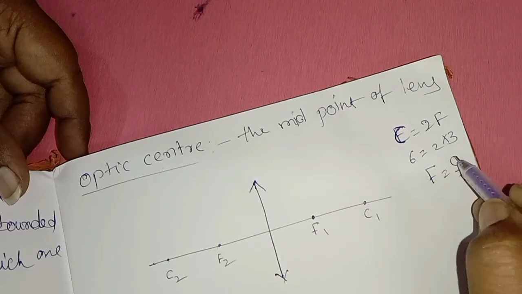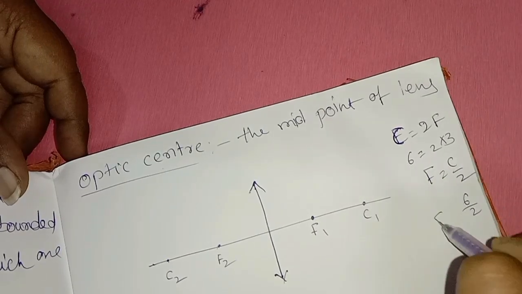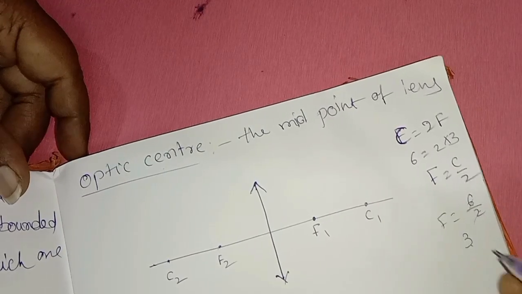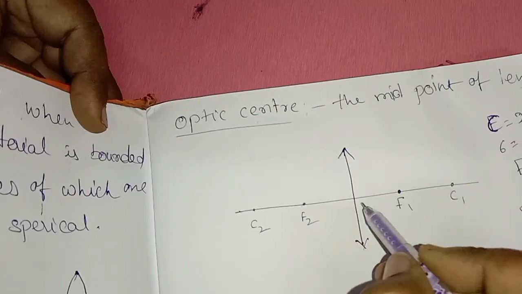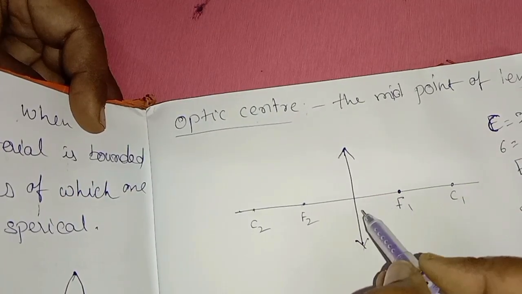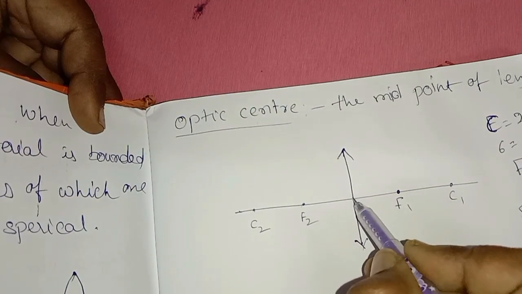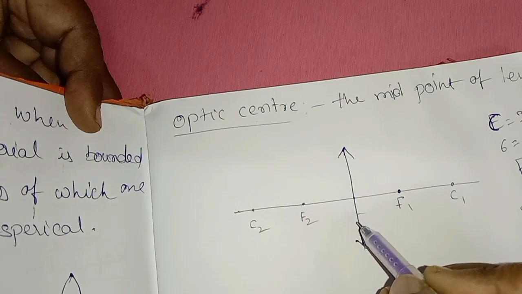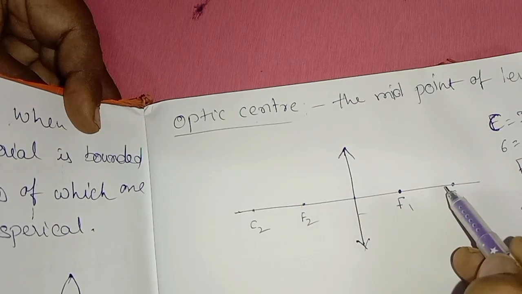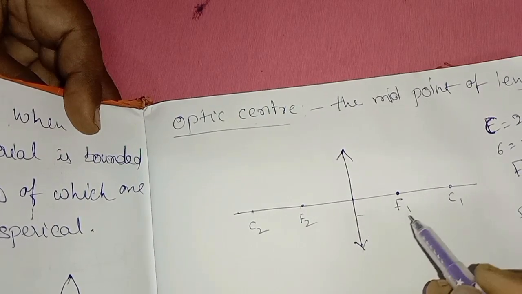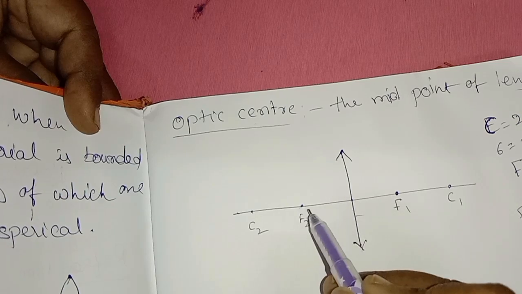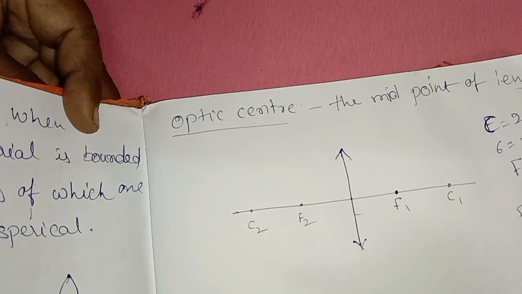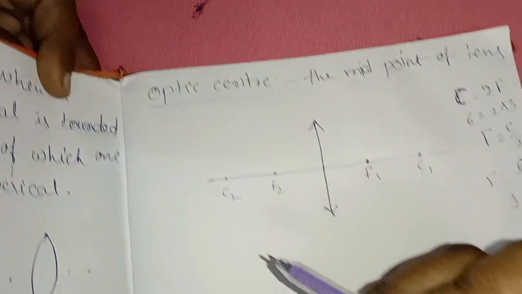Your center of curvature is 6, so what is your focal length? 3. Okay. Here I am taking 2.5 centimeters, and the distance between optic center and C is 5 centimeters. Here also I am taking the same 2.5 and 5 centimeters. Both sides I am taking the same.